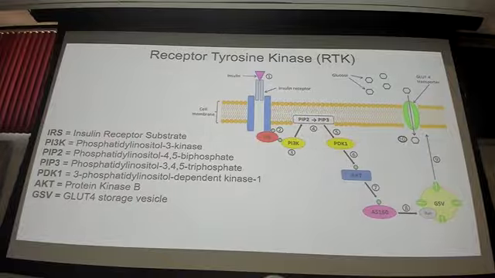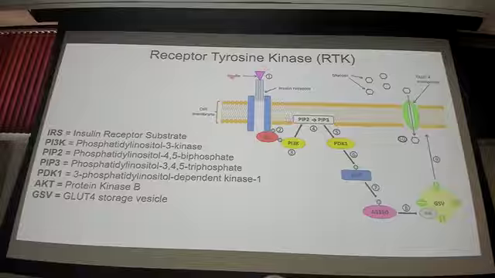So now we have the receptor tyrosine kinase signaling pathway. Now, there are a lot of steps. I do not want you guys to remember the steps in detail. There's a lot of phosphorylation at the tyrosine residues that I want you guys to focus on. So we see here insulin is one of the agonists or endogenous molecules that activates RTK receptors.